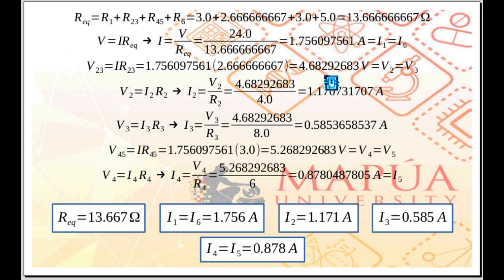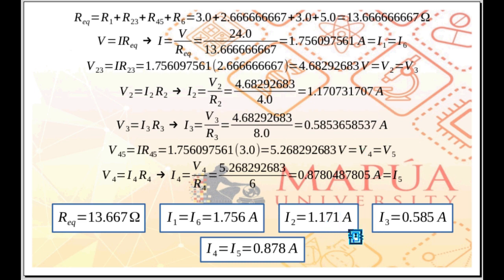They are both equal to V2,3. Using Ohm's law on V2, V2 is equal to I2 R2. I2 is equal to V2 over R2. We know V2, we know R2, we are able to determine I2.